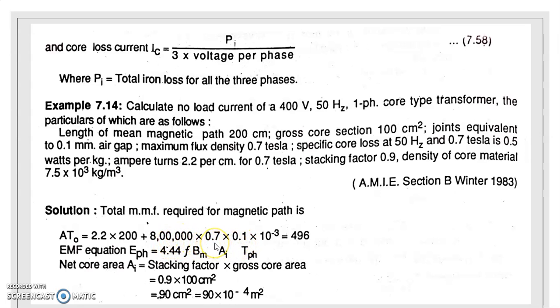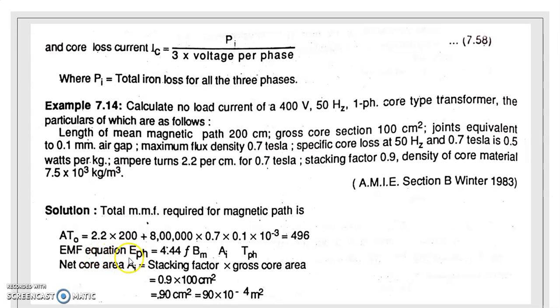So 8 lakh into flux density 0.7 into length of the air gap, that is 0.1 into 10⁻³, into 10⁻³ to convert it into centimeter. So you will get the total ampere turns of 496.